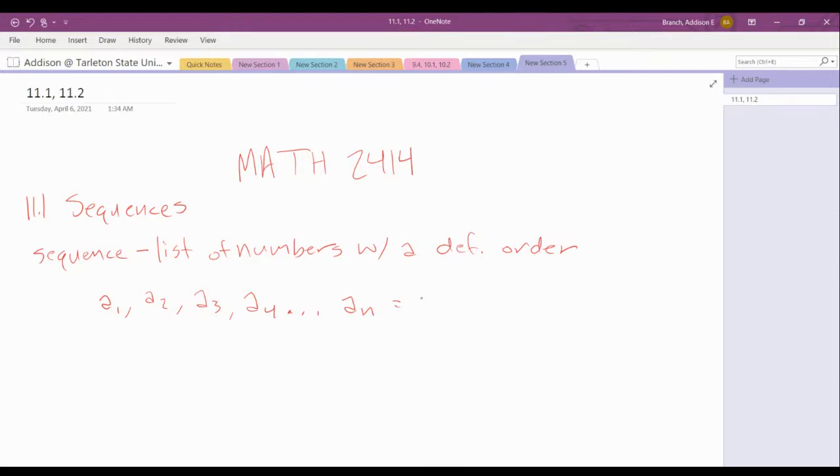This can be written with curly brackets as the set {a sub n}, and we can also rewrite this as the set {a sub n} beginning from n equals 1 to infinity.